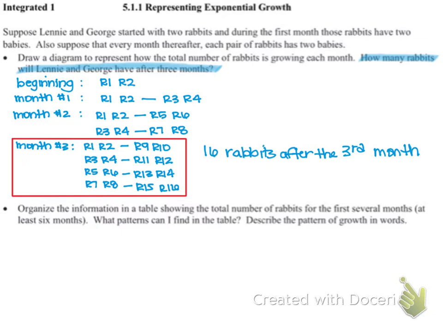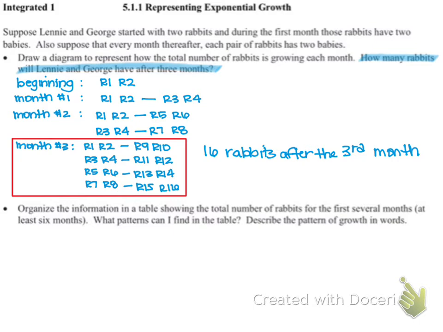Okay, let's take a look at the next one. Organize the information in a table showing the total number of rabbits for the first several months. We've got to do 6 months. What patterns can we find in the table, and describe the pattern of growth? So I think I'm going to organize the information that we have from the beginning.